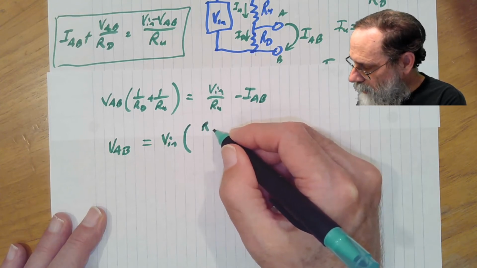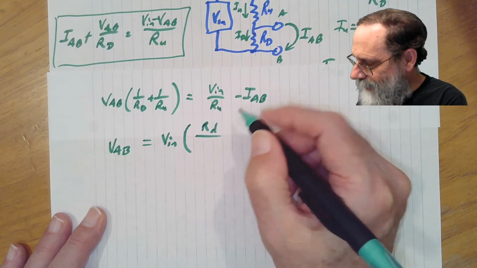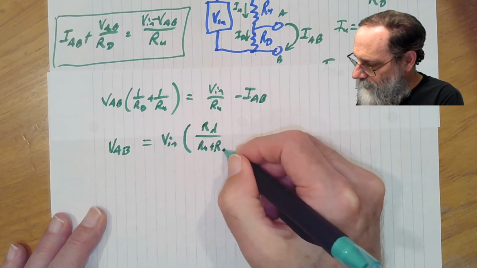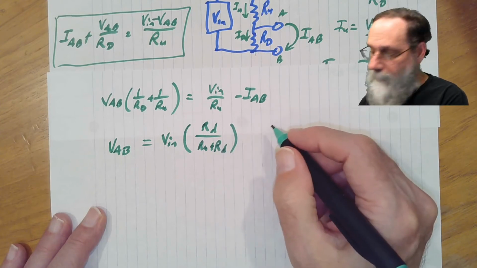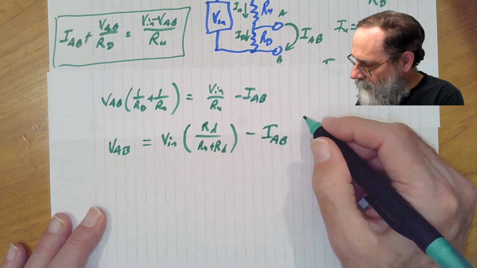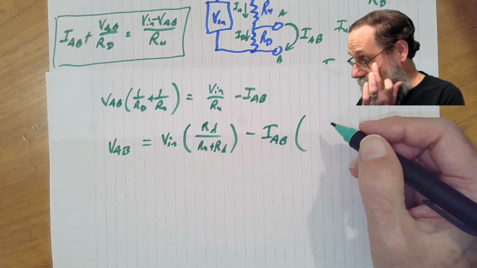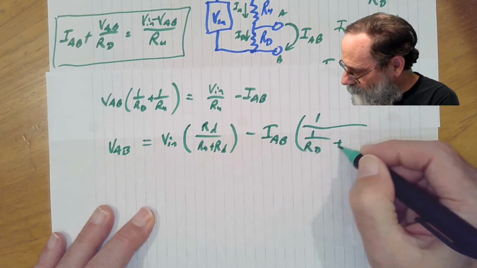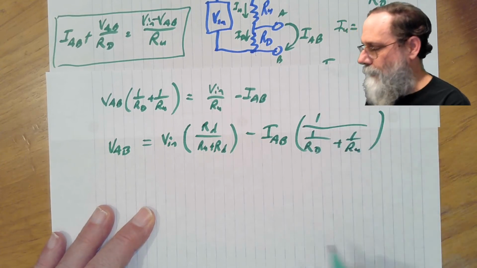It comes out to RD over RU plus RD. And then minus IAB times, and then I would just have 1 over RD plus 1 over RU.